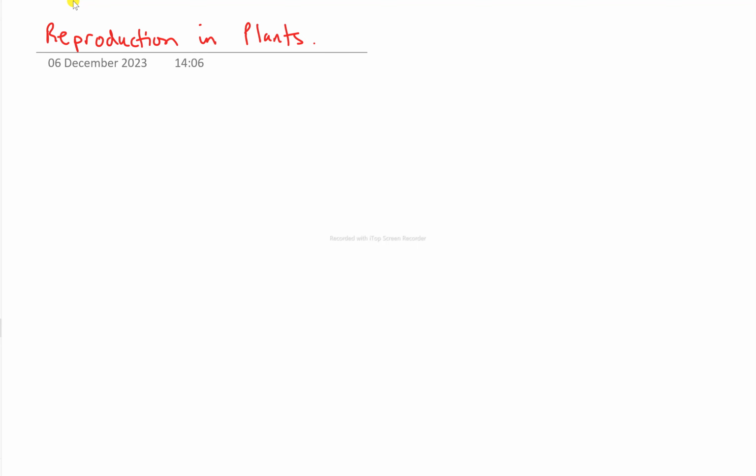There are two types, sexual reproduction and asexual. Okay, what we'll do is we'll look at asexual reproduction first.